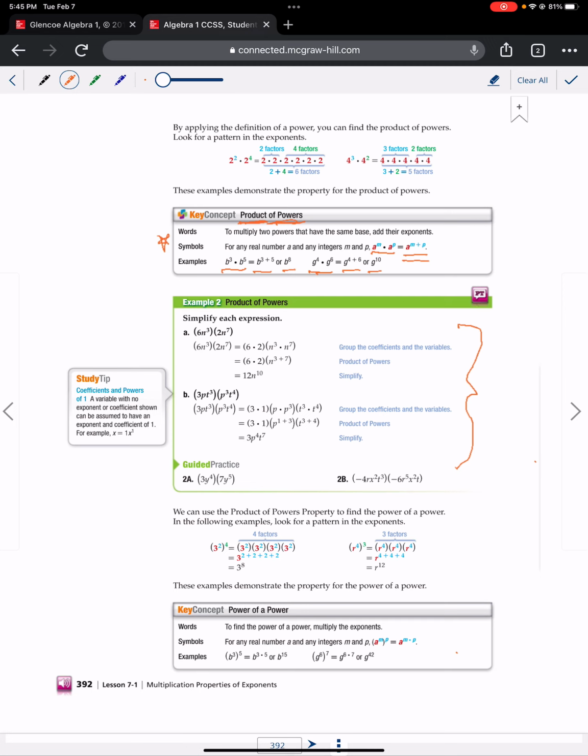The guided practices are on page 292. The guided practice answers here are, let's see, 2a is 21y to the third, and 2b is 24r to the sixth, and then x to the fourth, and then t to the fourth, I think.